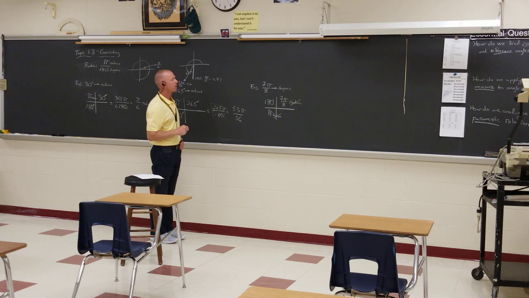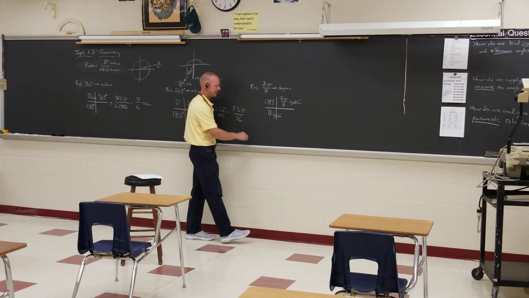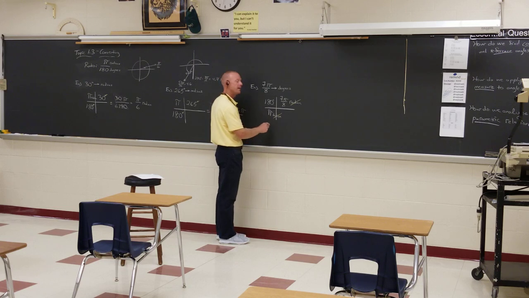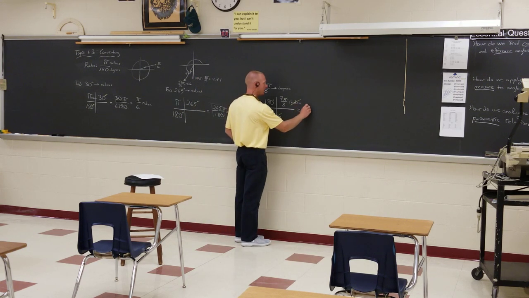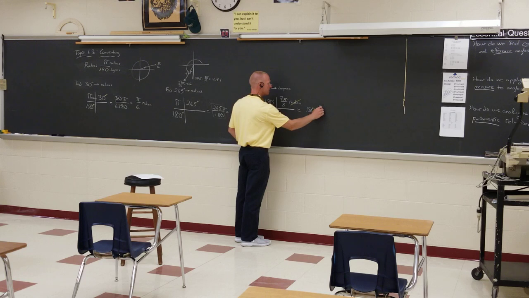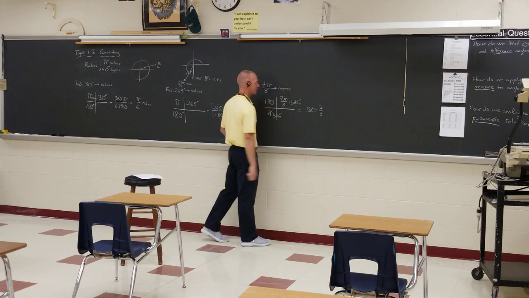Now what we're looking at here is a little bit of a fraction, and the fraction says that I've got some stuff in the numerator and I've got a pi in the denominator. Well, if you look carefully, you also have a pi in the numerator, which by rules of fractions will cancel. And so it looks like all I'm really ending up with here is 180 times 7/8.